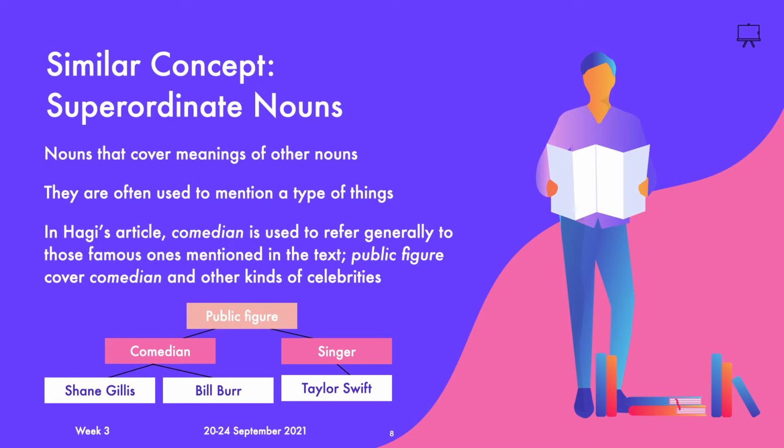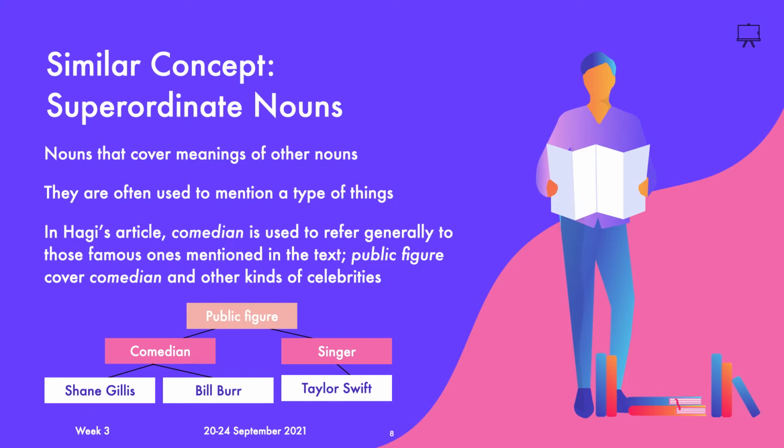For example, in Sarah Hagi's article, comedian is used to refer generally to those famous ones mentioned in the text. For example, you have Shane Gillis or Bill Burr. So these two people can be summarized in just one word. They are comedians. Okay?